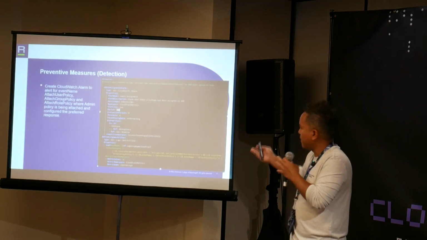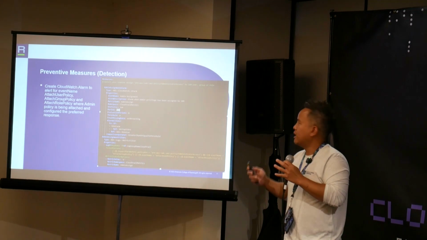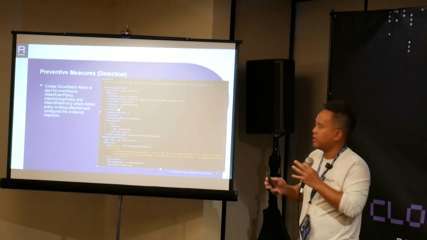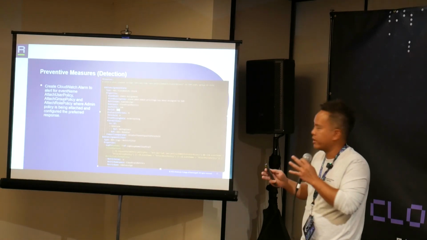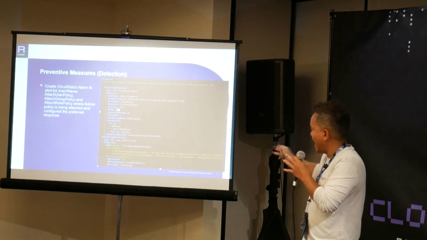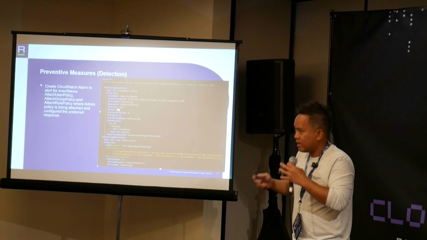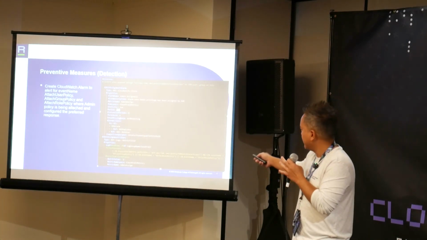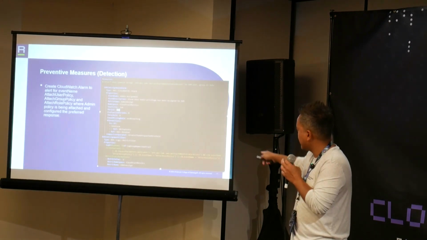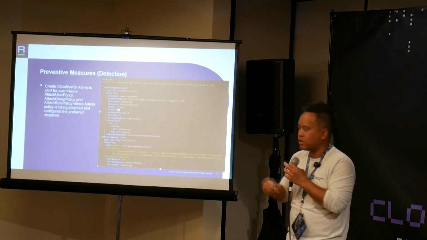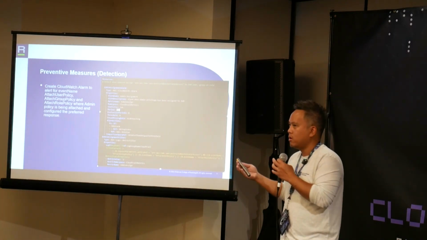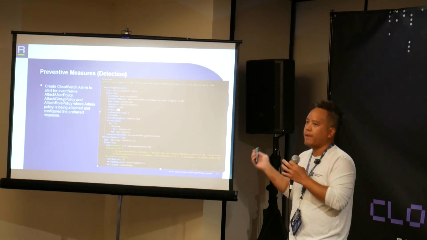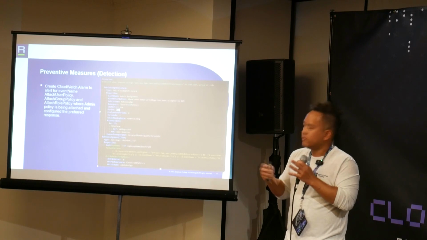Now I'm also talking about the detective measures, I mean the detection. You can set all sorts of CloudTrail and CloudWatch events as triggers. One that I definitely have is a CloudWatch event for anytime anyone attaches an admin access policy to a group, user, or role, and then send the alerts or some sort of automation to SNS topics to do remediation.